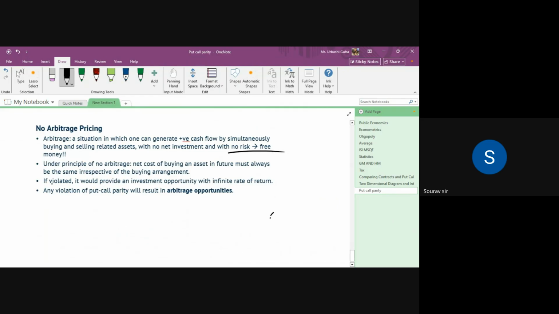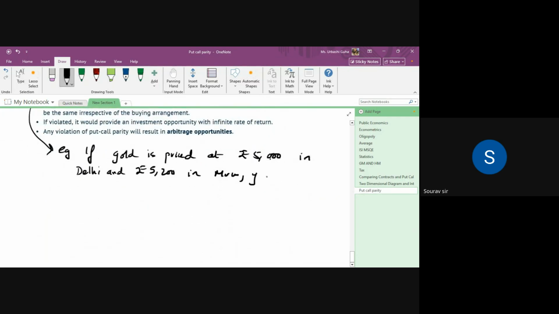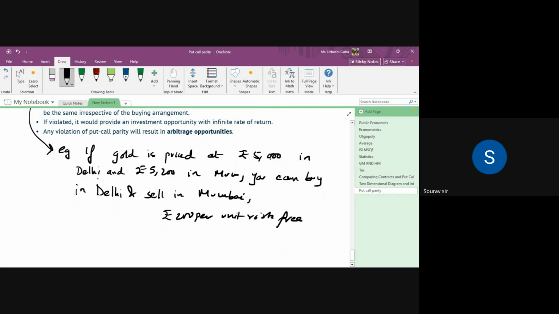So for example, if gold is priced at rupees 5,000 in Delhi and rupees 5,200 in Mumbai, then you could buy in Delhi and sell in Mumbai. So then what are you making? 200 per unit risk free, correct? Got my point. So this is one.